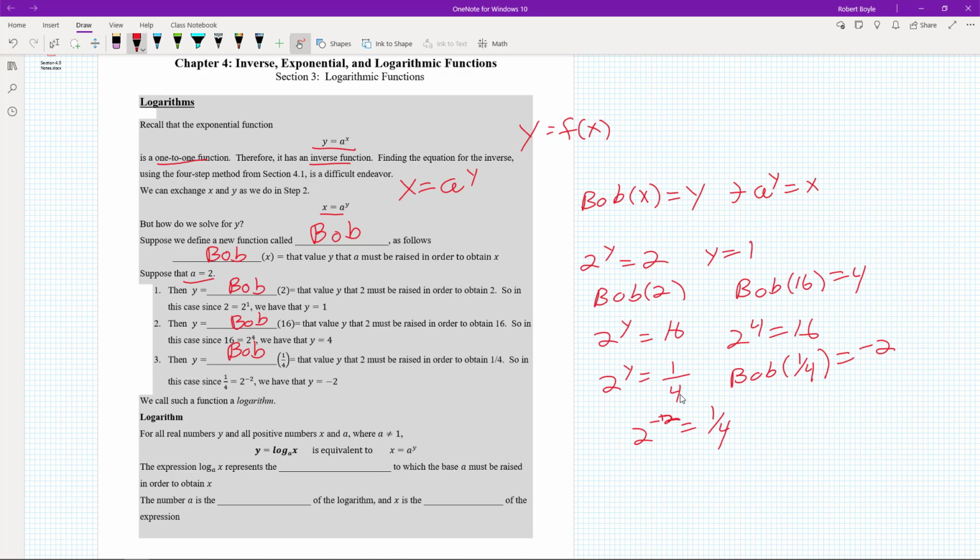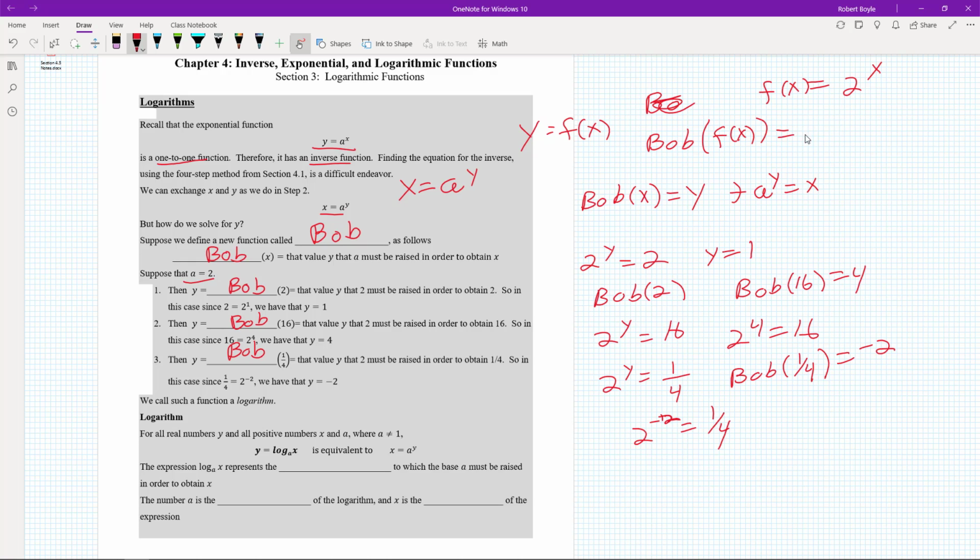And does this actually make sense for us? Well, let f of x be equal to 2 raised to the x power. In that case, we're going to have the composition of Bob with f of x.